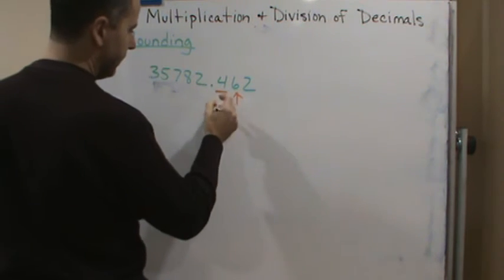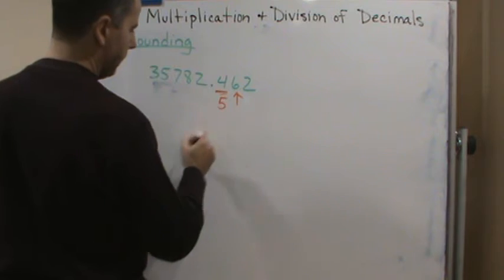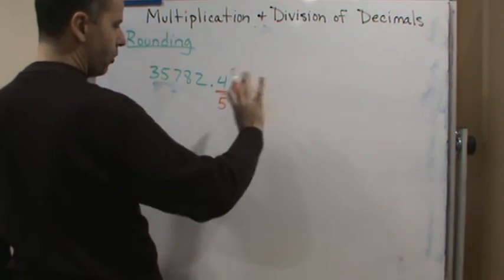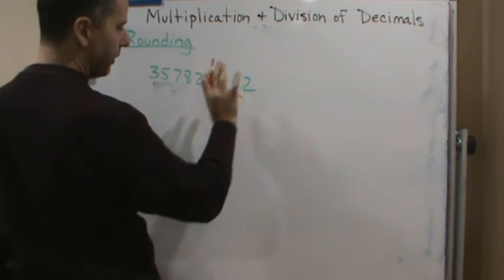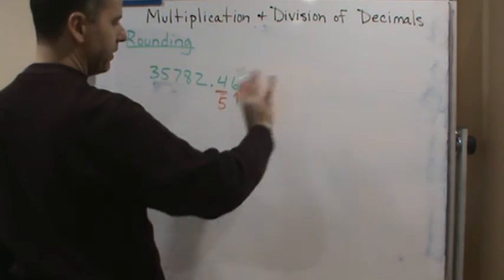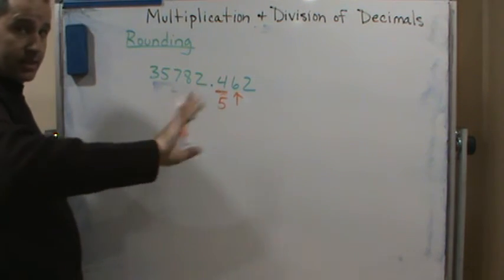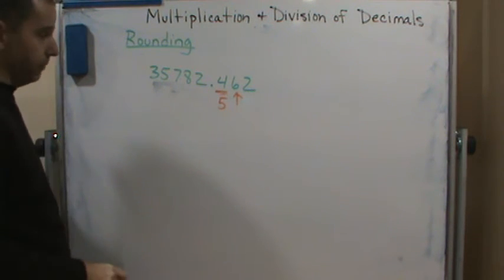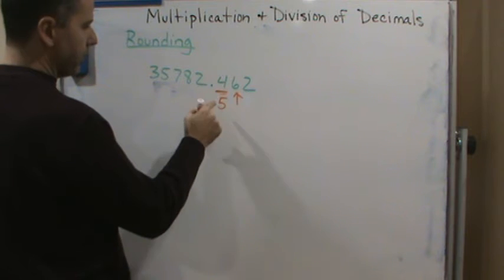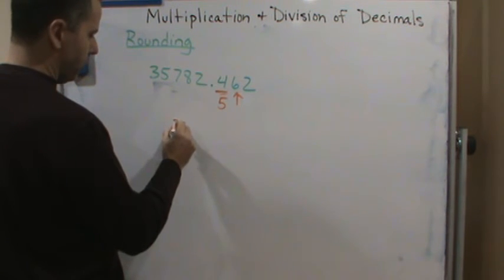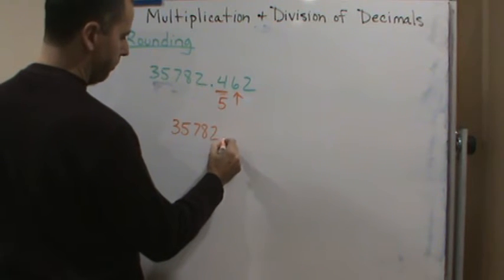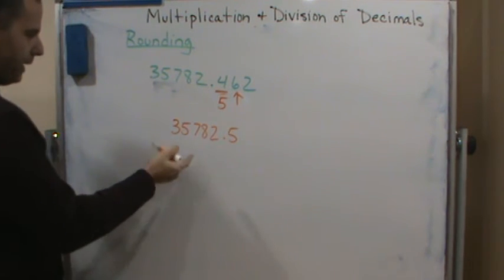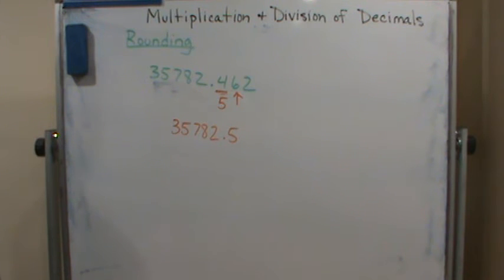So this is going to go to 5. And everything to the right, because I'm on the right side of the decimal point, just gets truncated, gets deleted. So if I wanted to round this to the nearest tenths, then the answer would be 35782.5. So my answer would be 35,782 and 0.5.